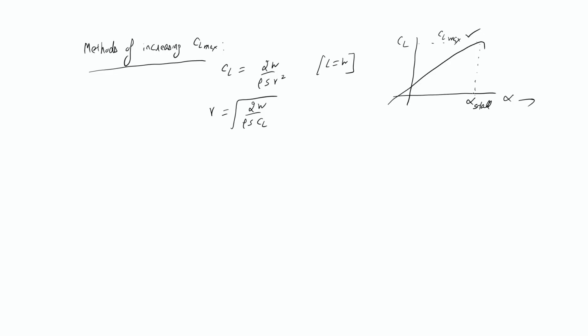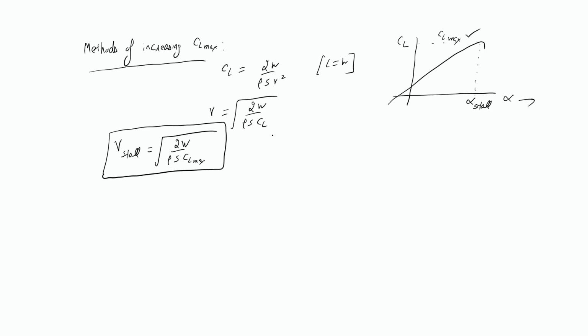This was for steady level flight, where lift was equal to weight. When the aircraft is flying at this angle of attack, alpha stall, where we have CL max, then we can write the velocity as V stall equals square root of 2W by rho s CL max. So this is the stalling velocity.